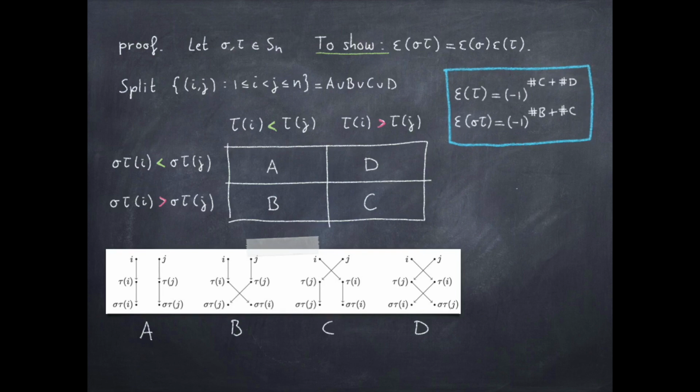It is now easy to check that the inversions for tau are precisely the pairs i, j that are in C or in D. This means that epsilon of tau is equal to minus 1 to the power of the number of elements of C plus the number of elements in D. In the same way, the inversions of sigma tau are precisely those pairs i, j that belong to B or C. This means that epsilon of sigma tau is minus 1 to the power B plus C. The big question, of course, is how do we compute the number of inversions for sigma?